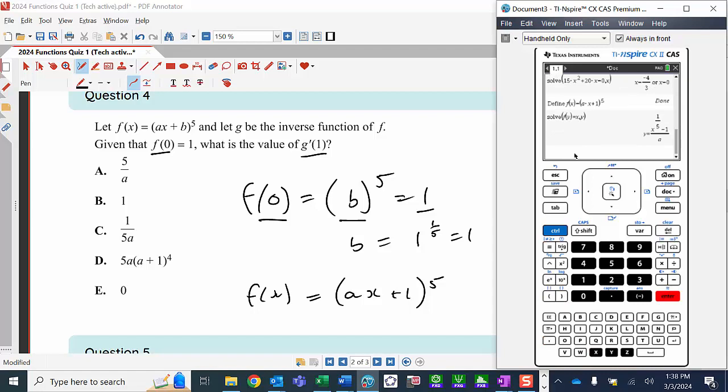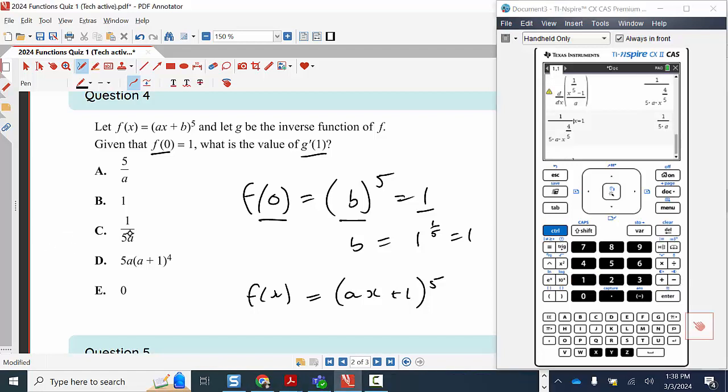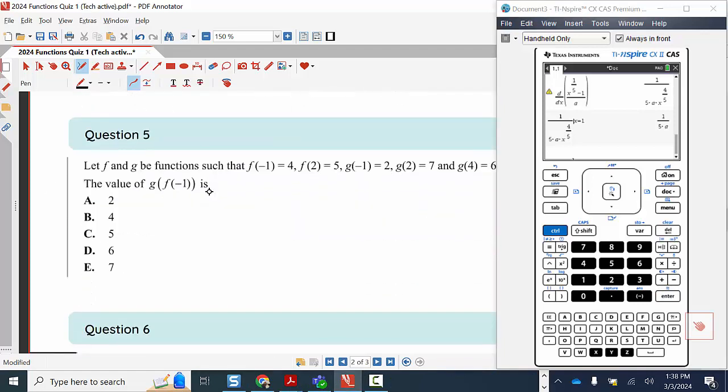Okay, there is our inverse, and then we've got to get a derivative, and then we're going to slam in 1. So shift minus d dx, this thing, with x equal 1. There we go. Alright, how do you do that without a calculator? Wouldn't have a clue.